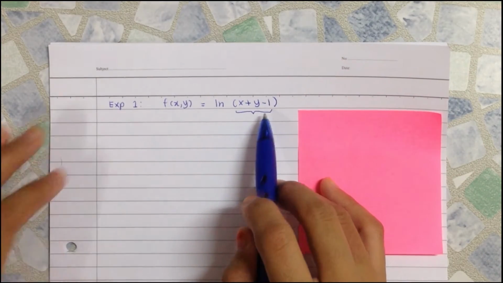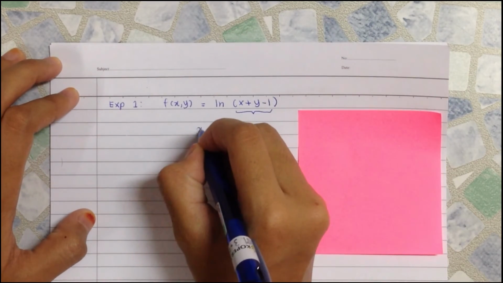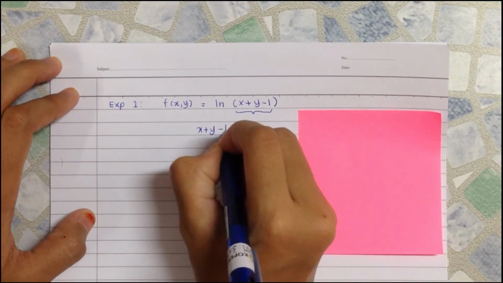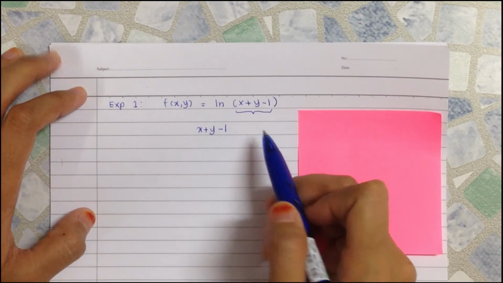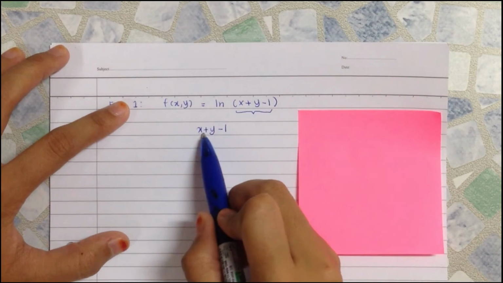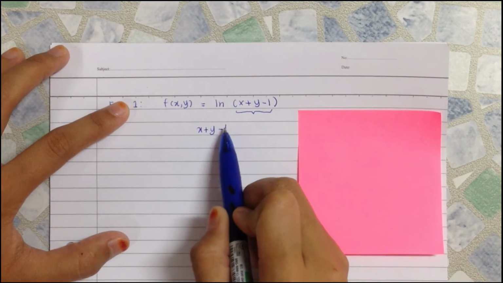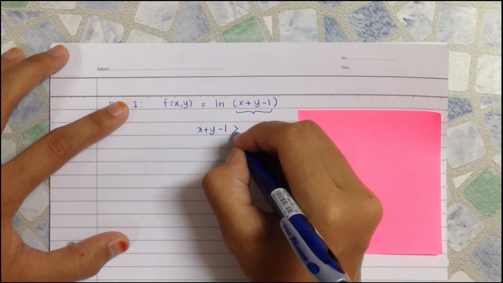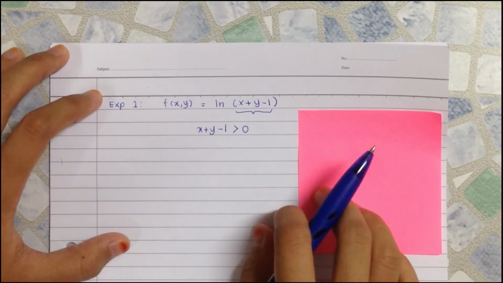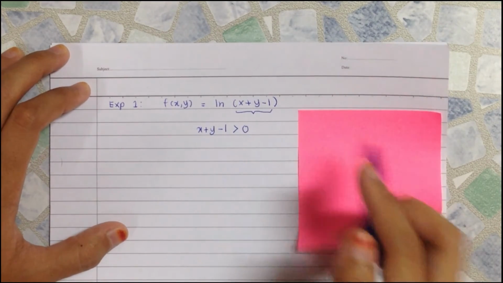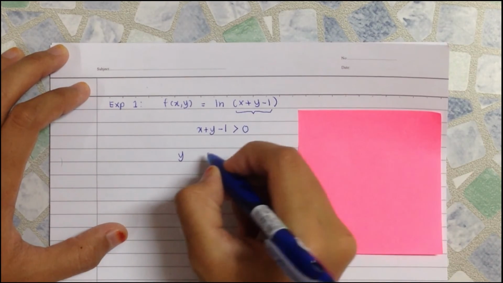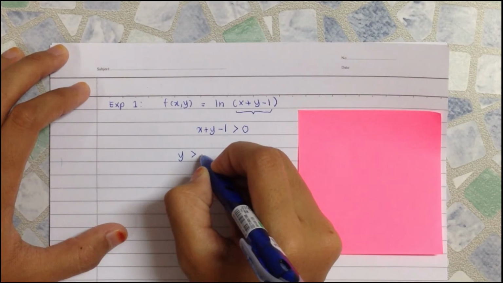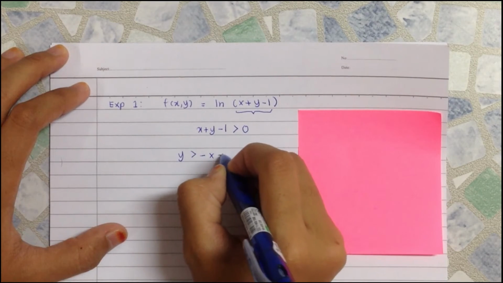So our domain will be the set of x and y coordinates that satisfy x plus y minus 1 is greater than 0. So you get y coordinates greater than negative x plus 1.